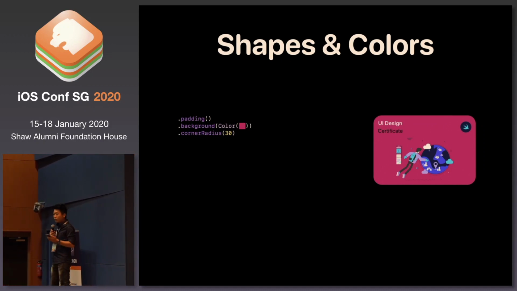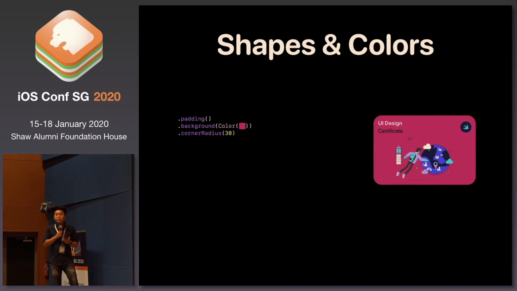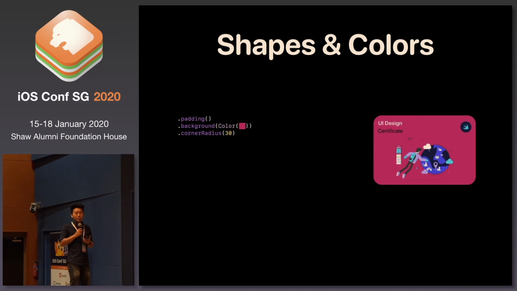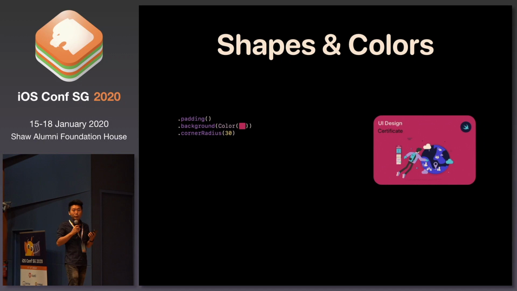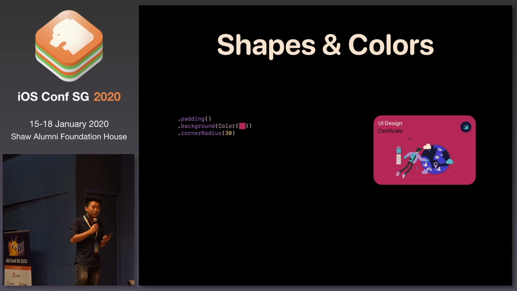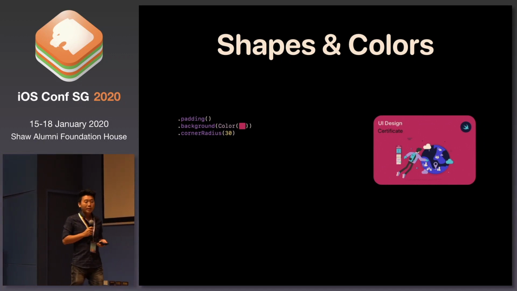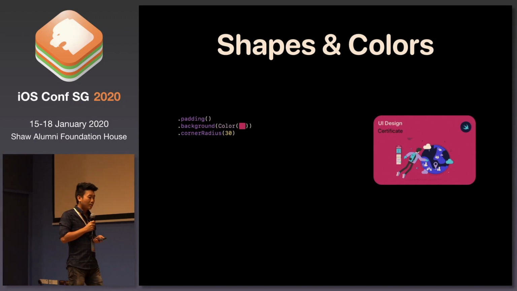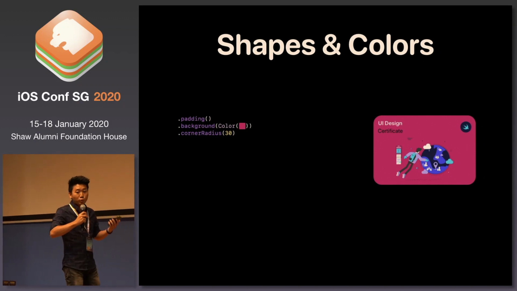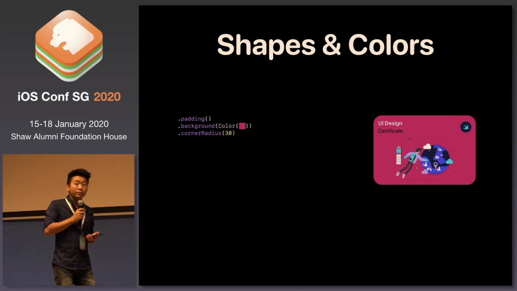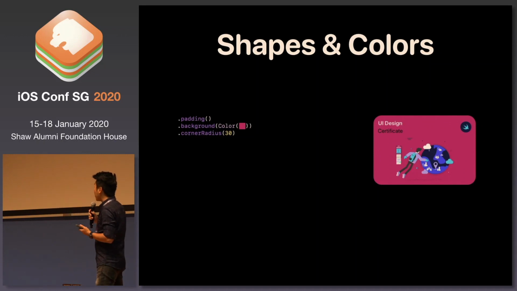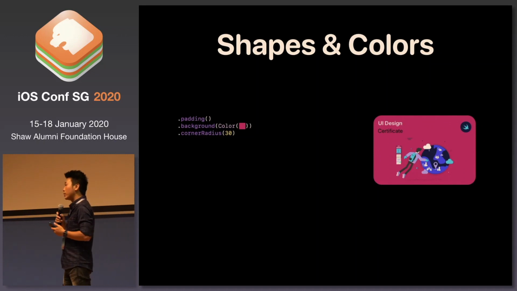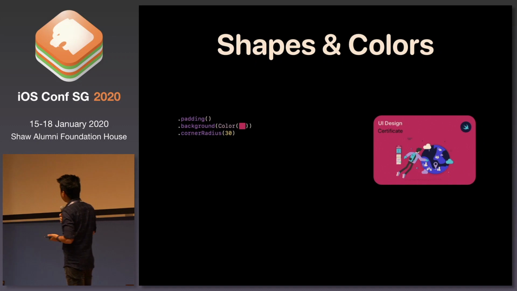And I definitely recommend to use the 4-point grid. So every time that you set any padding or spacing, if you can divide it by 4, it's what I would recommend as a minimum spacing, even as you scale it up. And definitely when you have a minimum padding, set it to at least 8 or 16.